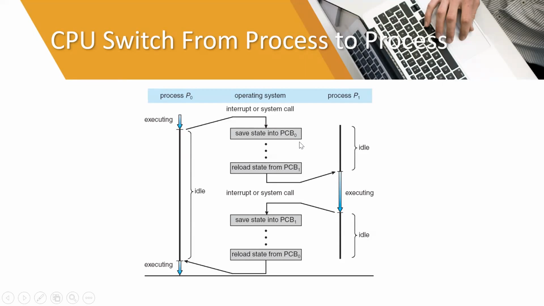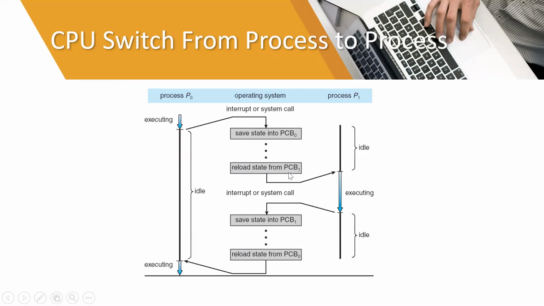For context switching to happen, at least two processes are required. The time involved in the context switching of one process by another is called the context switching time.